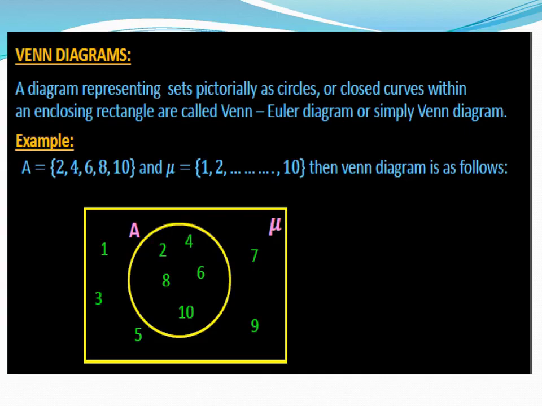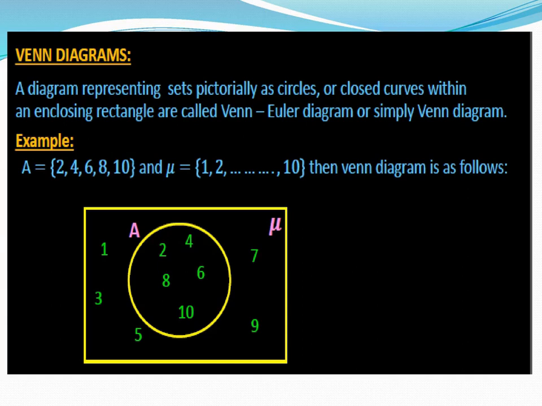Suppose you draw using these two sets. We can represent them pictorially as a Venn diagram. First, draw a rectangular box for the universal set and write mu in the corner.